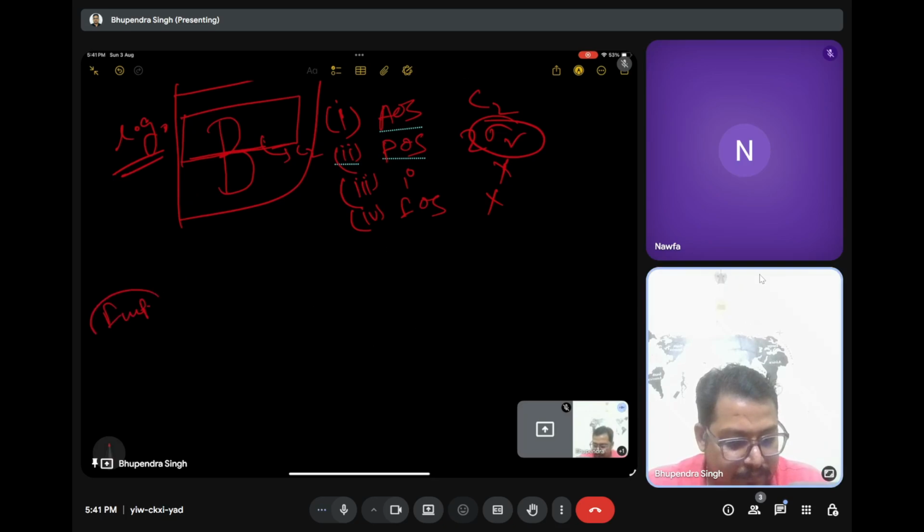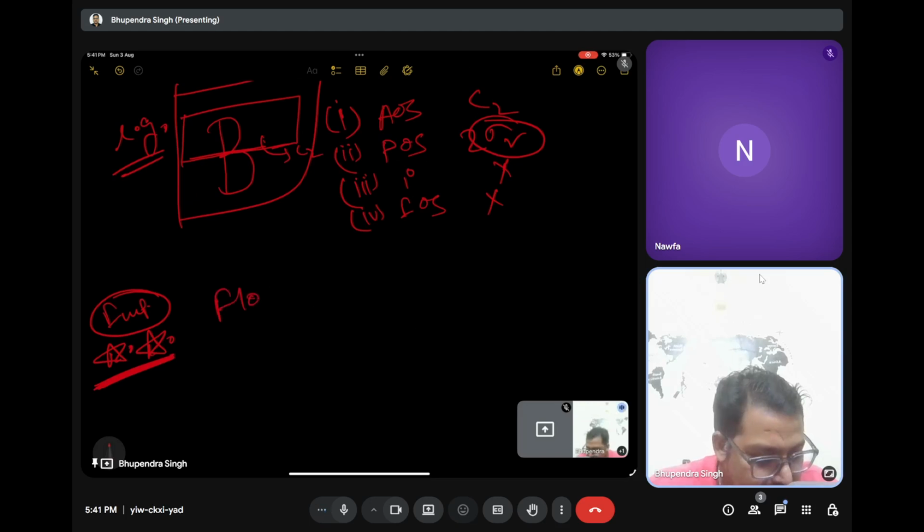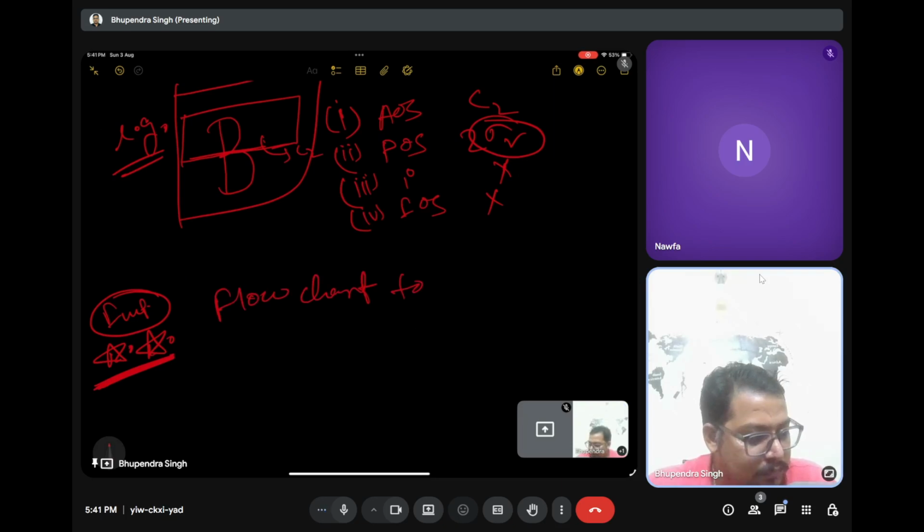If you follow this flow chart you will be able to simply find out the point group. So, flow chart to find out the point group.